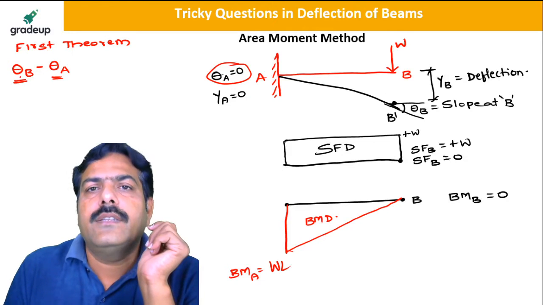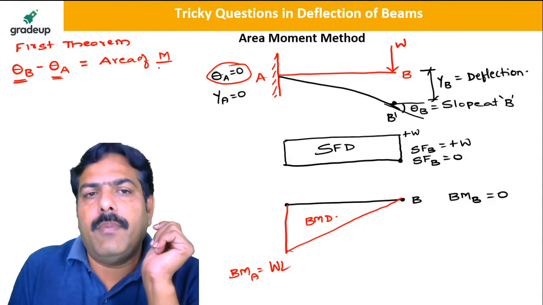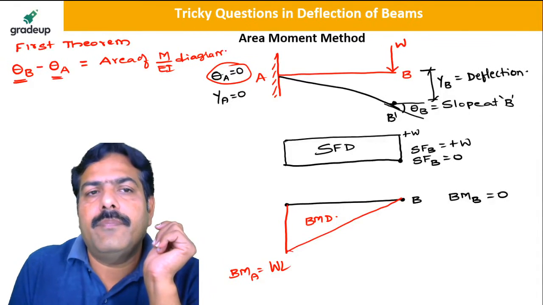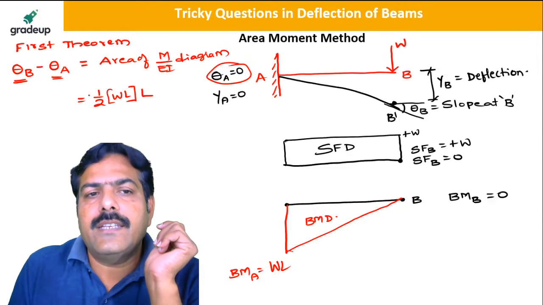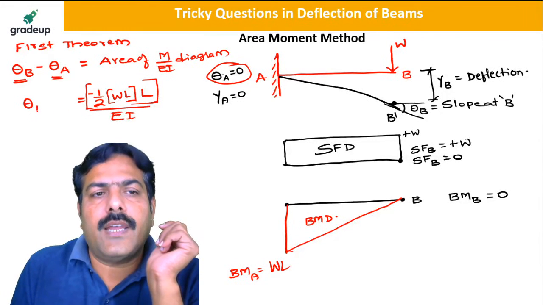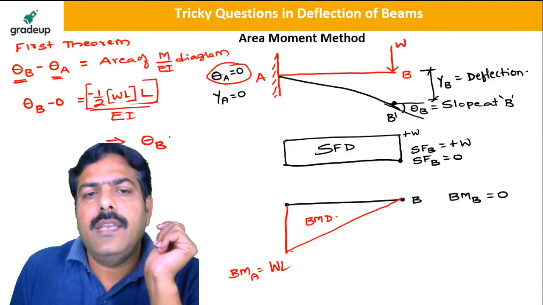So the slope between 2 points is equal to the area of the M upon EI diagram. What is the area of this diagram? Area of this diagram is half W into L, and it is downward, so minus upon EI. So theta B is the question asked to you, minus 0.